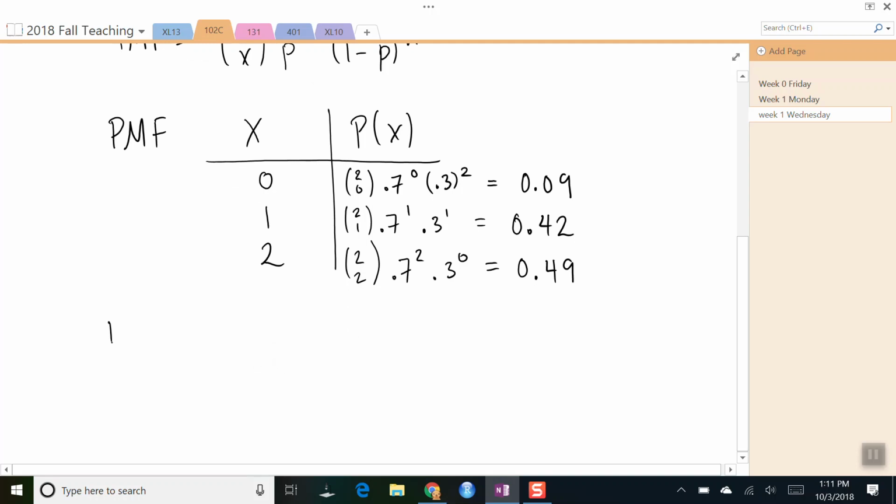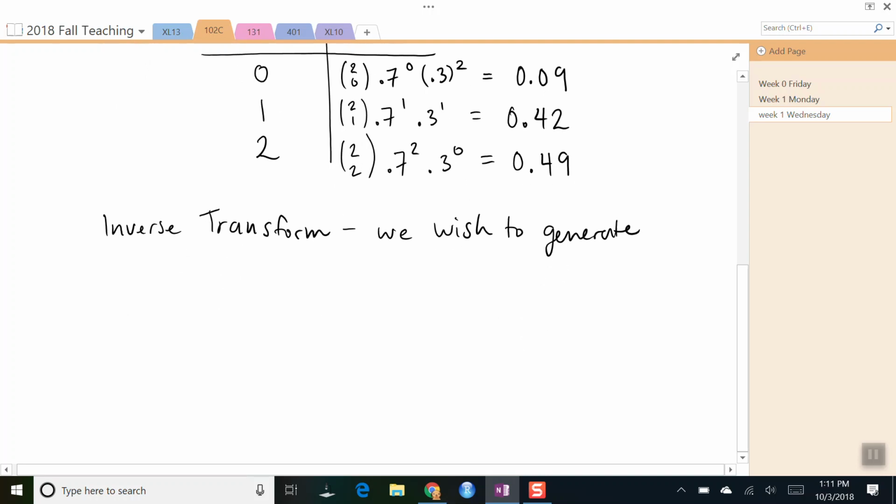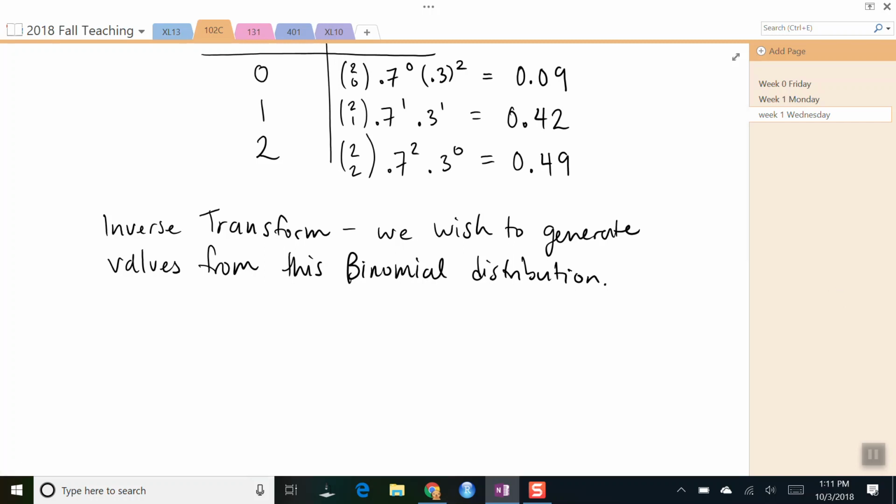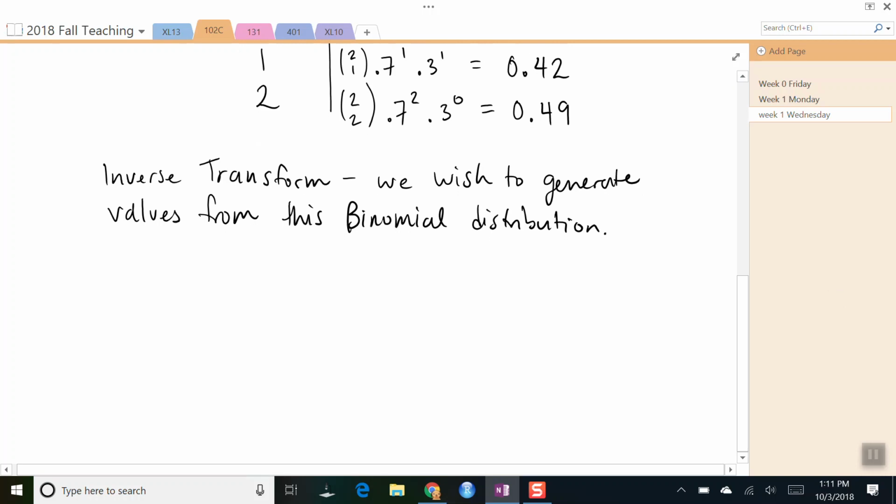So with inverse CDF, we wish to generate values from this binomial distribution. Effectively, we want to generate zeros with probability 9%, ones with probability 42%, and twos with probability 49%.